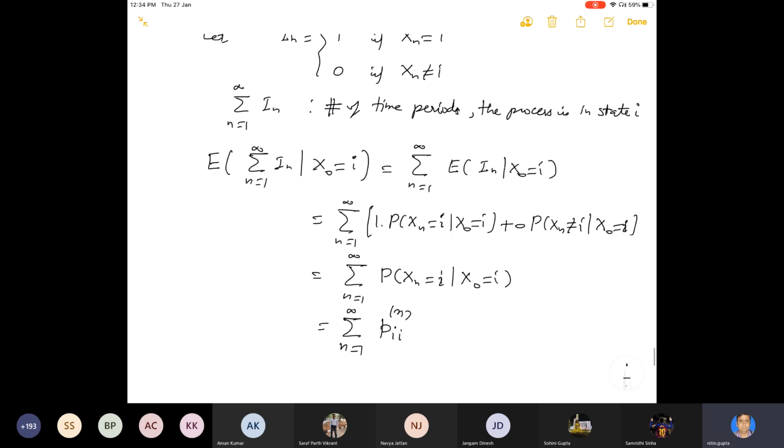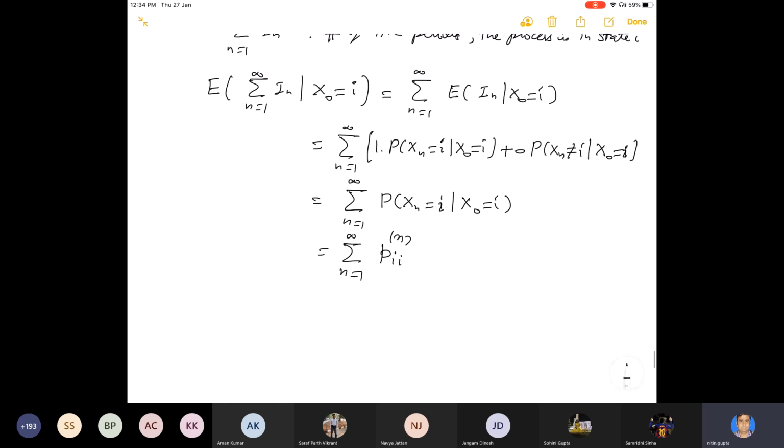So if I is a recurrent state, then return to state I is certain, and therefore the expected number of time periods the process is in state I diverges.